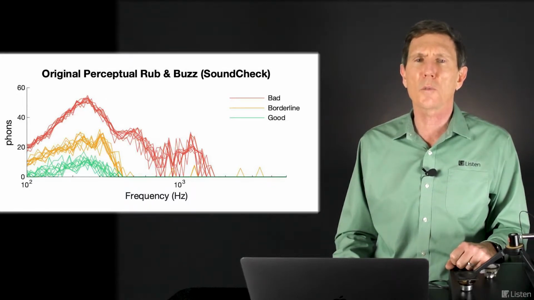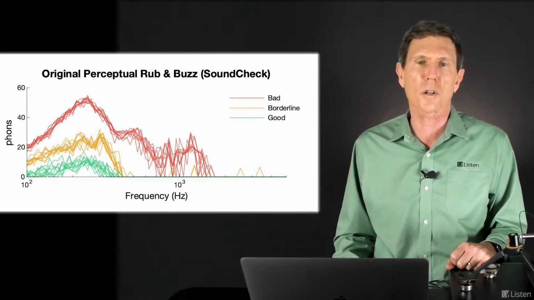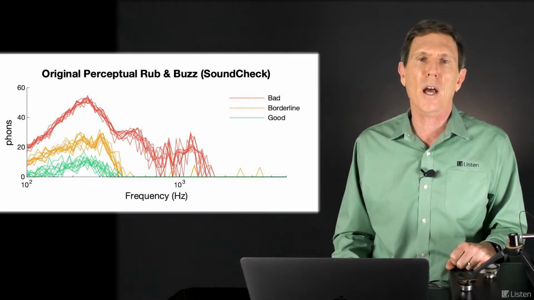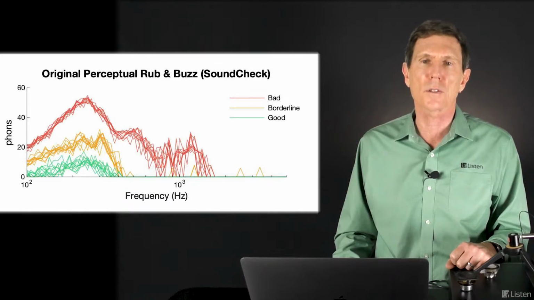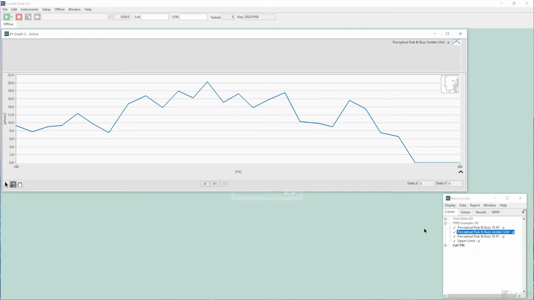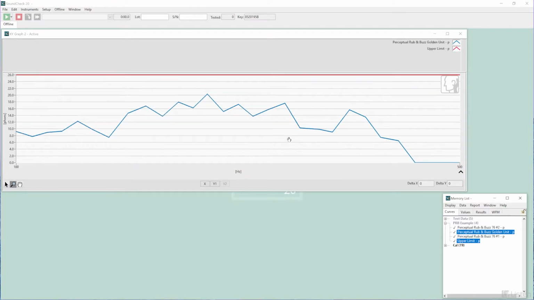Let me just explain in more detail why this is a problem on a production line. In a lab, we've taken 10 results and the trends between speakers are obvious. But on the production line, you get just one sweep. Let's say our golden unit gives us this result. We set limits based around it.